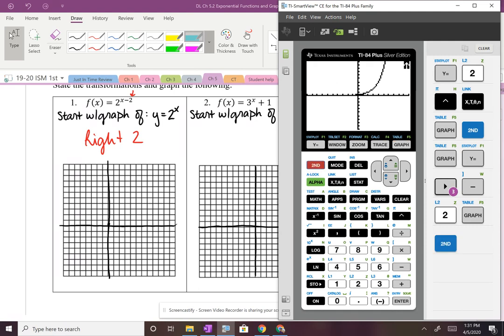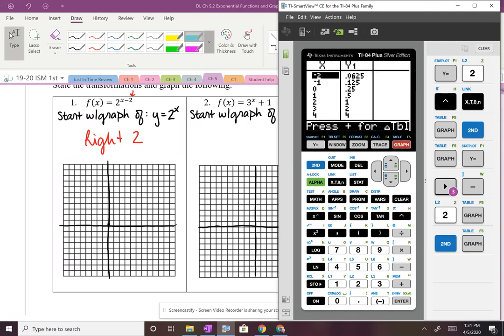If you want, you can look at the table. So looking at my table, I have 0, comma 0.25, 1, comma 1 half, 2, comma 1, 3, comma 2, and 4, comma 4.